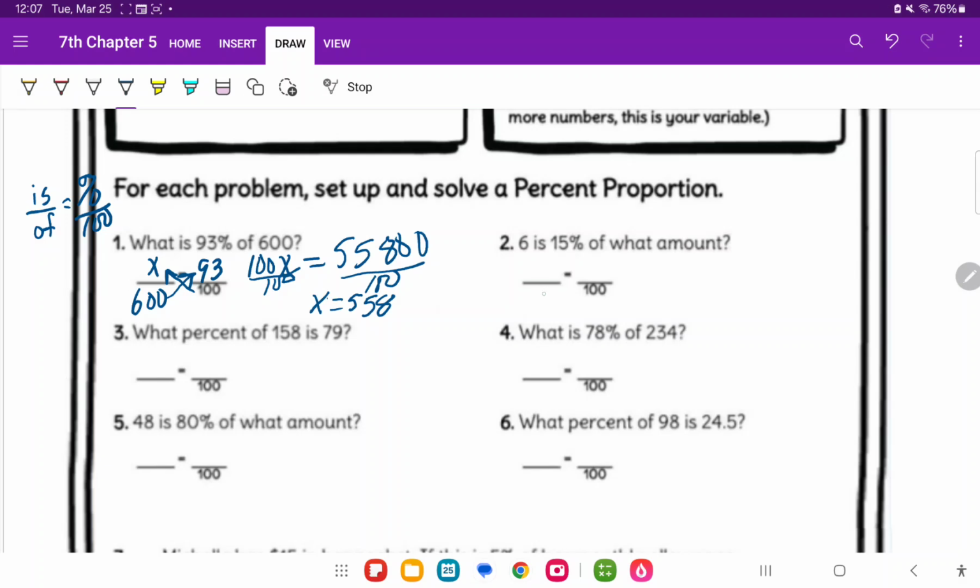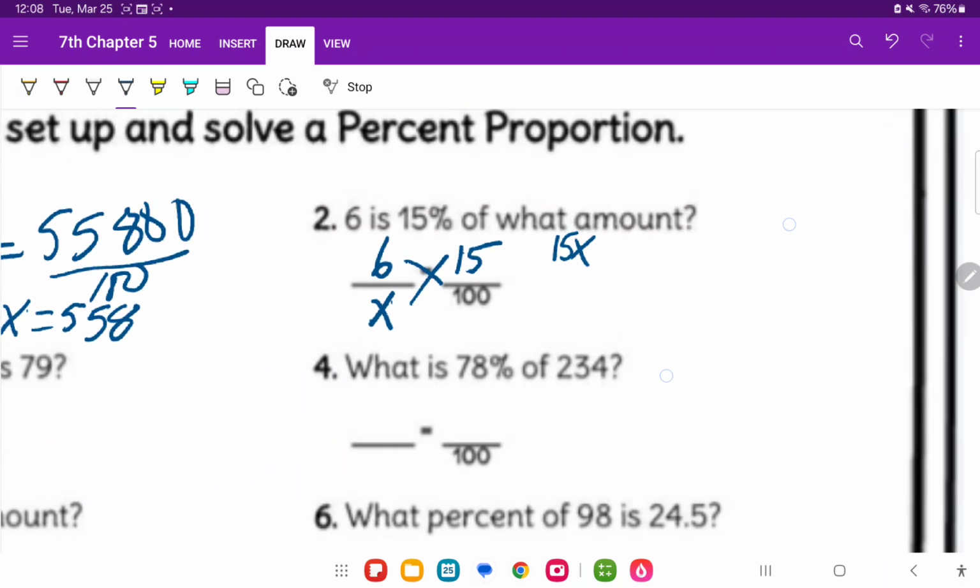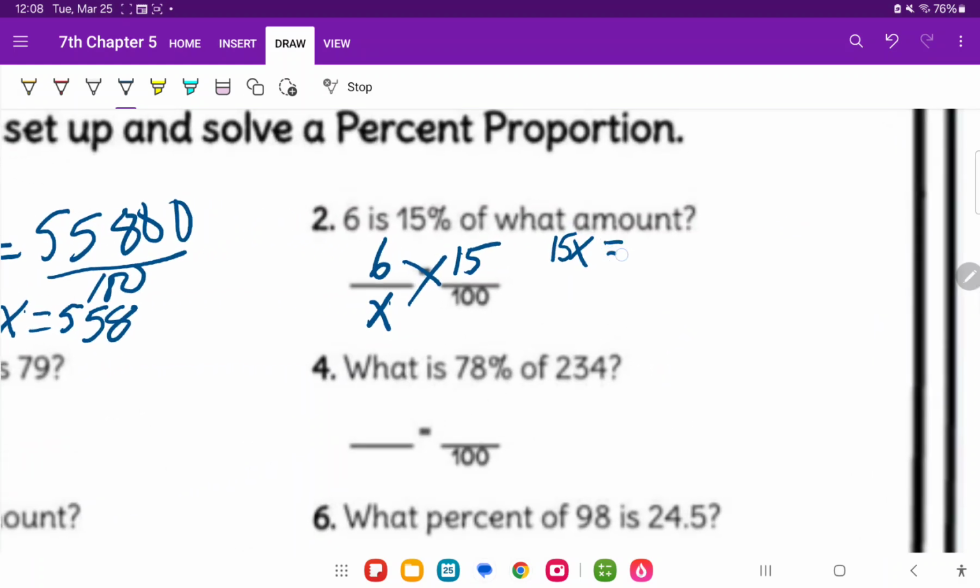So then on number 2, the percent goes right up here. We're doing 6 is of what amount? So we don't know the of. All right, so we're going to cross multiply again. 15 times x is 15x. And then 6 times 100 is 600.